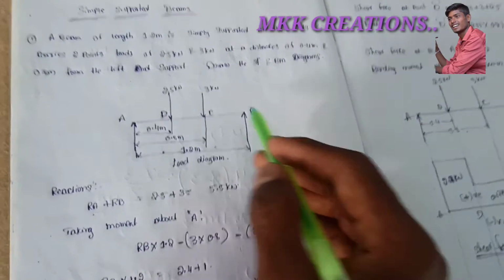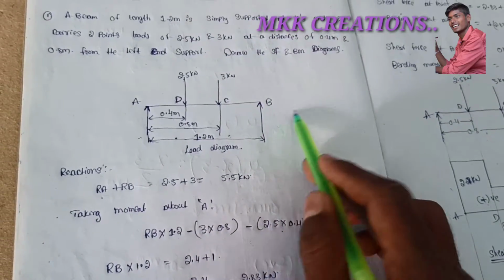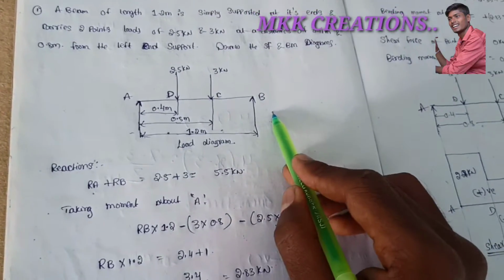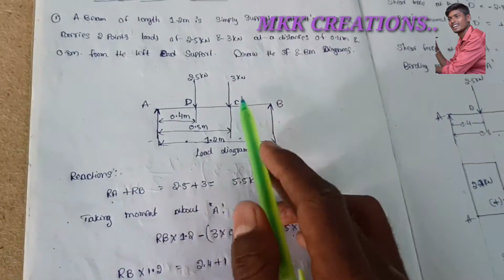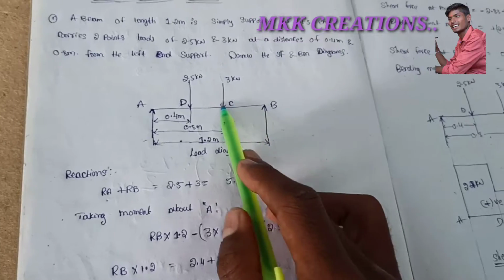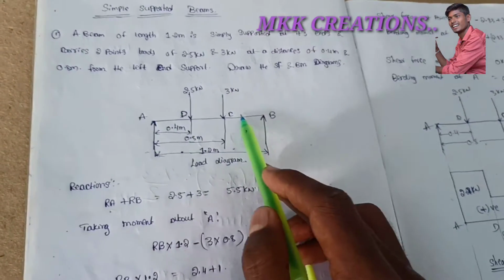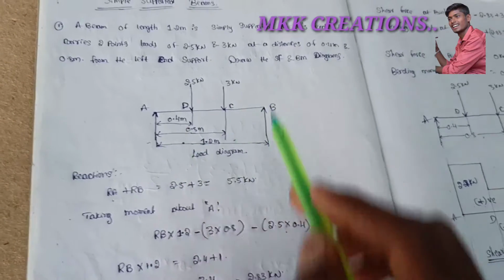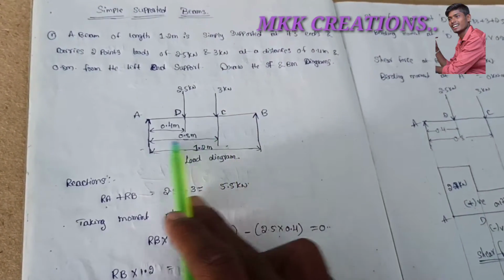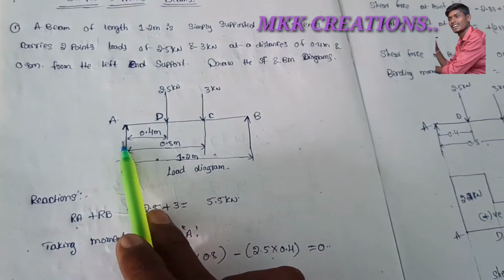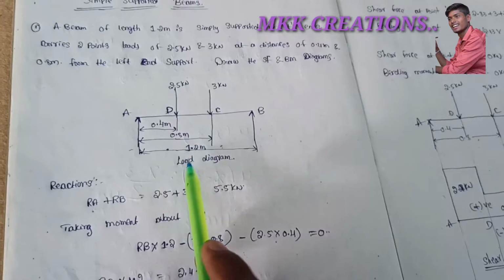Next, towards Ra, that is Rb, at a distance of 1.2, minus the 3 kilonewton load at point C, coming towards A, at a distance of 0.8. So Ra into 1.2 minus 3 into 0.8, the distance from A to C is 0.8.